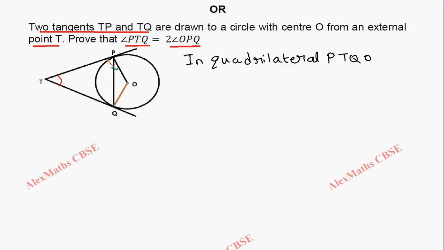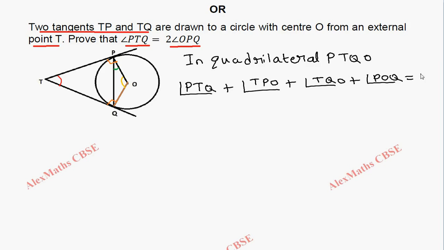Here, this is 90 degrees, this is 90 degrees, and let's take this angle as POQ. Now, when we take the sum of the angles, angle PTQ plus angle TPO plus angle TQO plus angle POQ, the sum of all these angles we get 360.